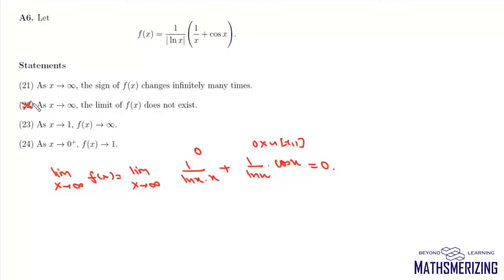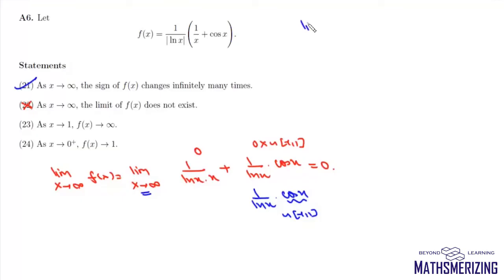Now what about this 21? As x approaches infinity, we have this term 1 upon log x into cos x. Now this cos x will oscillate between minus 1 and plus 1. So value of this function f(x) is going to oscillate when x tends to infinity. That means this statement 21 is correct. 23rd is, as x tends to 1, f(x) tends to infinity.